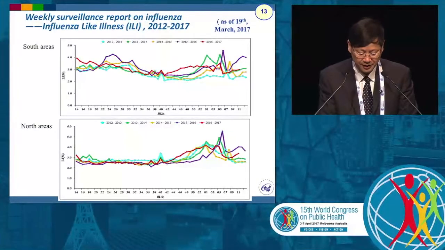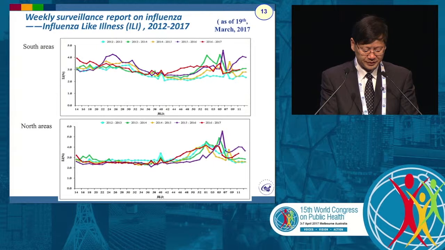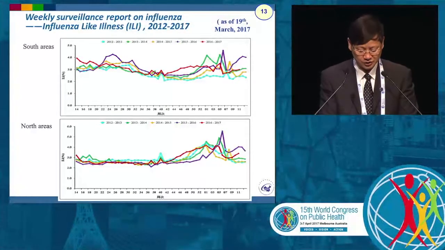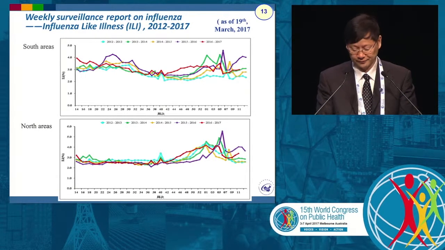From this figure, you can see we can timely identify the beginning and the end of the seasonal influenza epidemic season. You can also find the epidemic pattern between South and North is different, with 2 epidemic peaks in the South area and 1 epidemic peak in the North area in China.